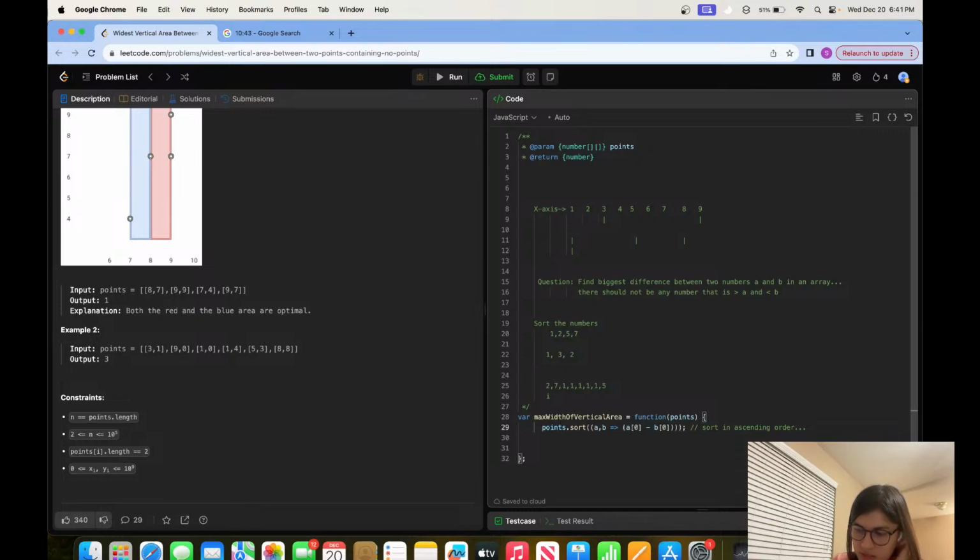If a is 8 and b is 7, then a minus b is 8 minus 7, which is positive. If it is positive, it will sort 7 and 8. Yeah, this will sort in ascending order.